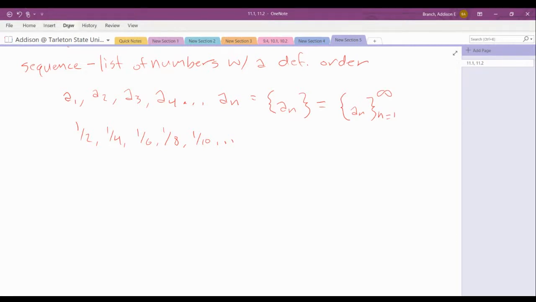Something that's important to know is that not all, but some sequences can be written as formulas.